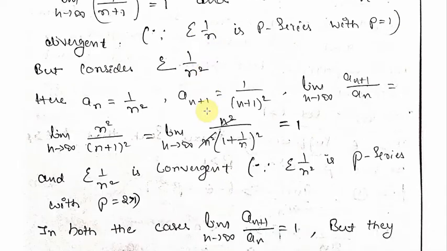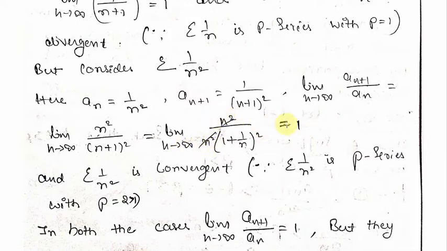Consider the other example, which is sigma 1 by n square. Here a_n is 1 by n square, and so a_{n+1} is 1 by n plus 1 whole square. Now let us see the limit. Limit n tends to infinity, a_{n+1} by a_n is equal to limit n tends to infinity 1 by n plus 1 whole square divided by 1 by n square. After simplifying, we get n square divided by n plus 1 whole square, and applying limit, taking n square outside and applying limit afterwards, we get 1.